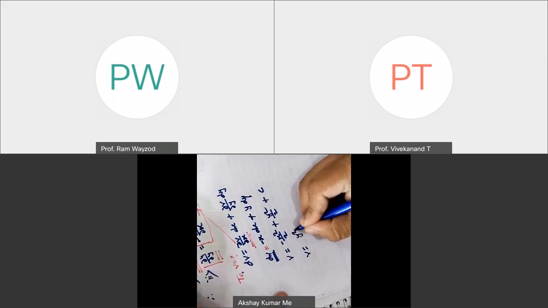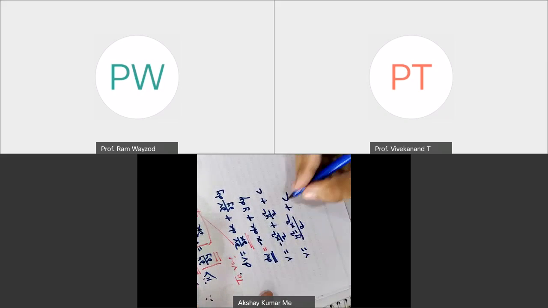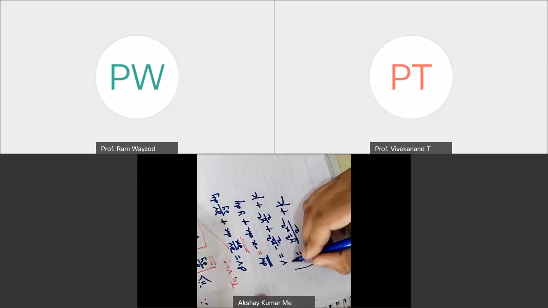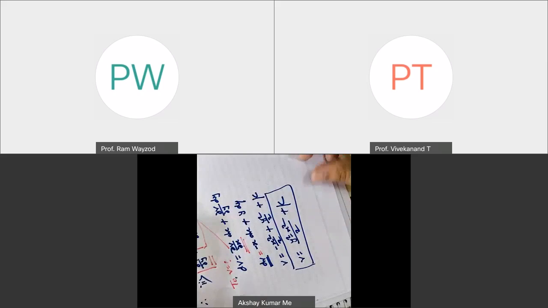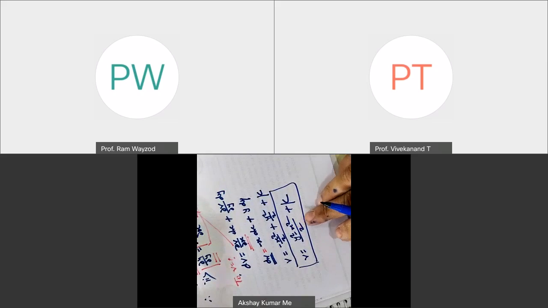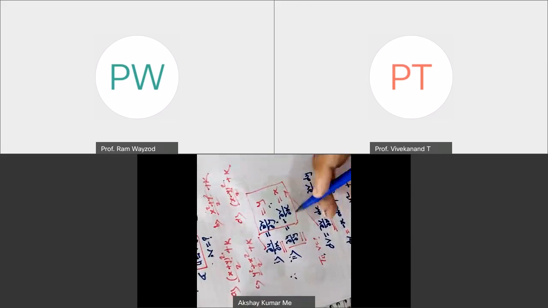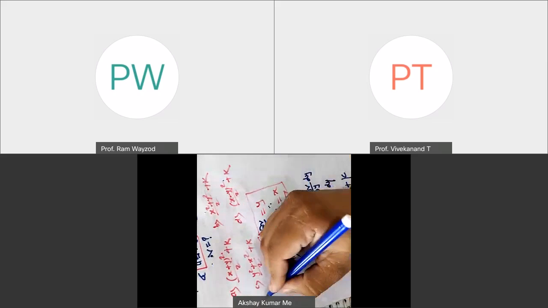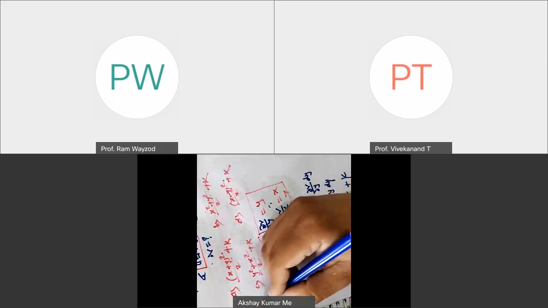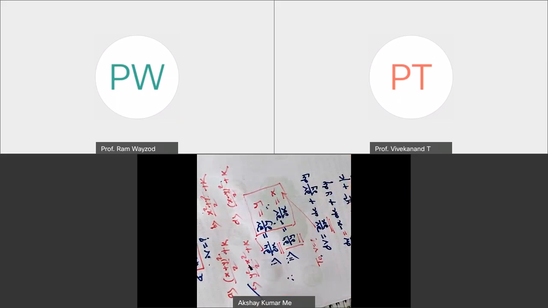So we get the value, the constant is found. So what is the answer? Minus x square by 2. So we verify here. We get option C. Sorry, here is a minus sign.